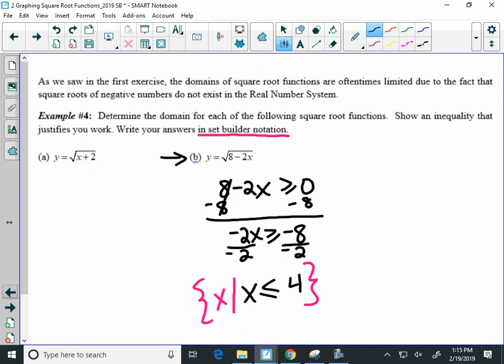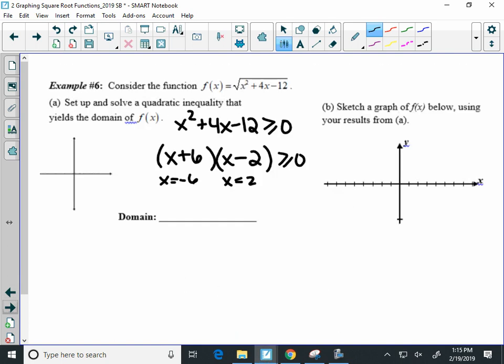And I don't really have an inequality, like x is greater than something, x is less than something yet. So I need to use our knowledge from last unit to now make a graph, a parabola. So we're using a parabola to solve a square root problem. But we need to make a picture so we can visualize what the domain is actually going to be.